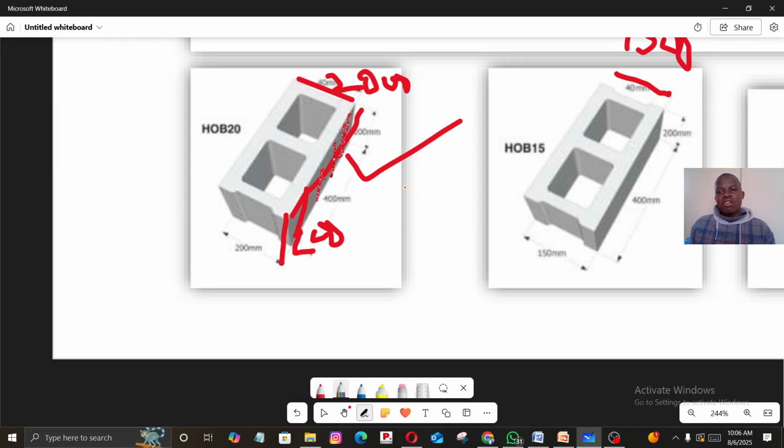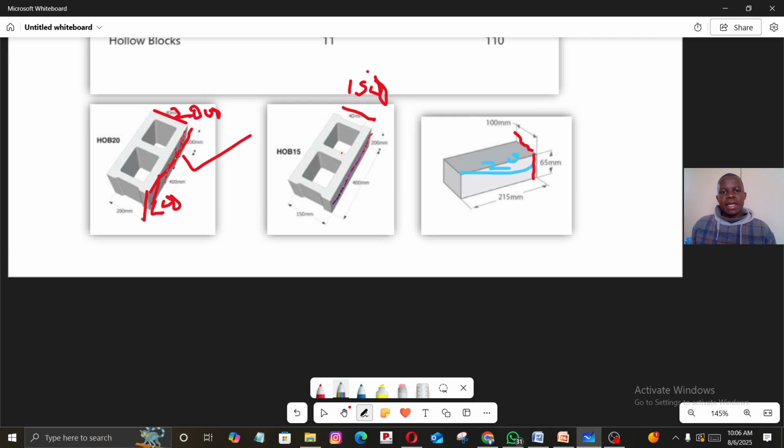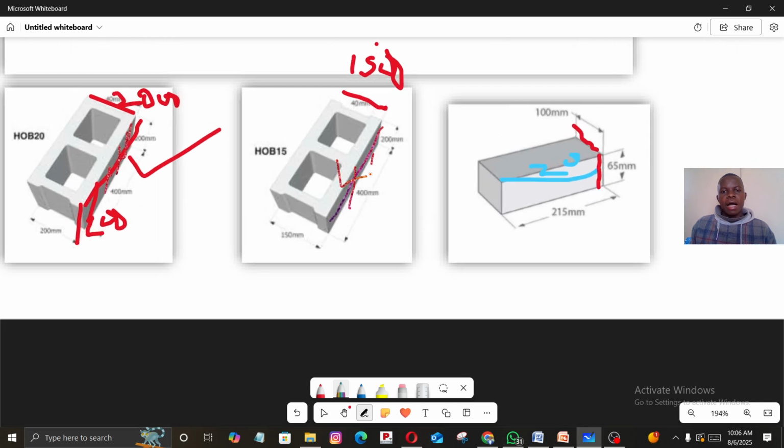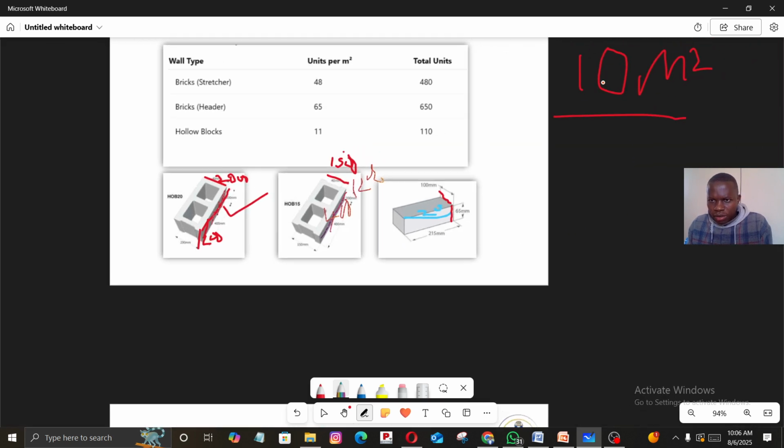To get the area of that side, I've shown you the measurement: this is just 400, and the height is always 200. If you have an area, you simply get the dimension of your bond. So this one will be 10 square meters.